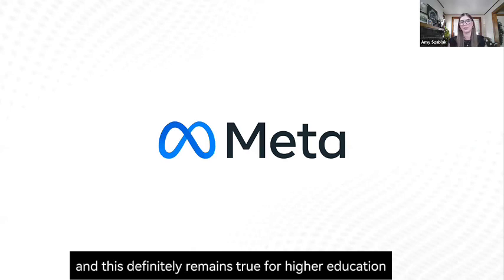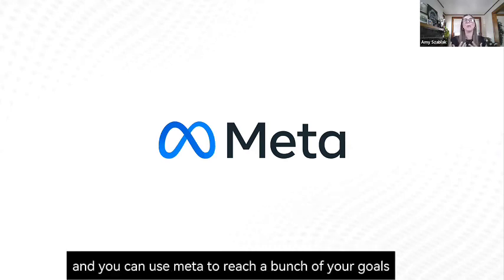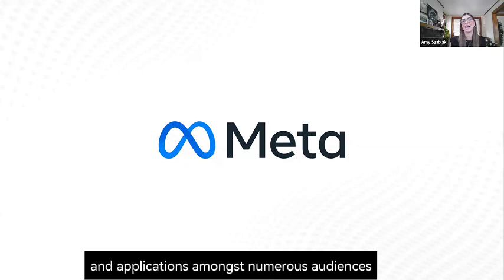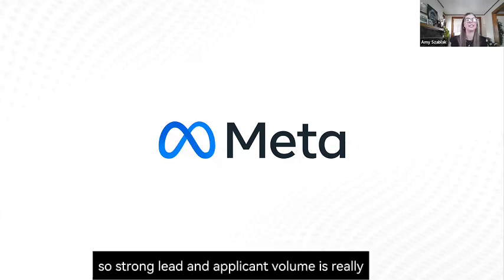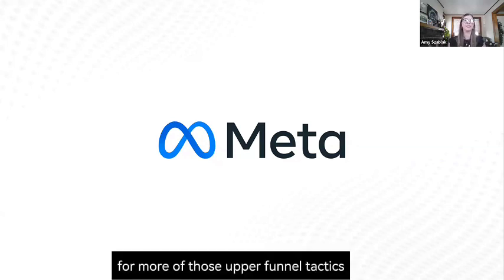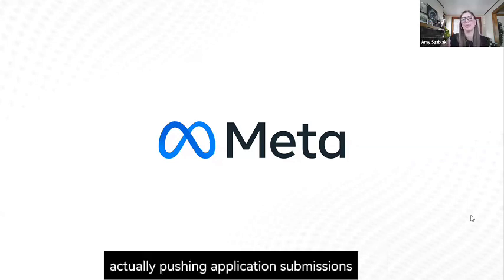And this definitely remains true for higher education marketing. And you can use Meta to reach a bunch of your goals, such as building awareness, increasing event registrations, and driving leads and applications amongst numerous audiences. So strong lead and applicant volume is really throughout the enrollment funnel possible on Meta. From more of those upper funnel tactics promoting general brand awareness to campaigns actually pushing application submissions.